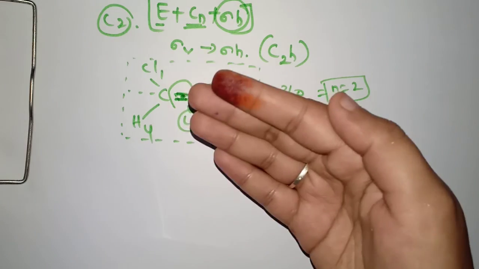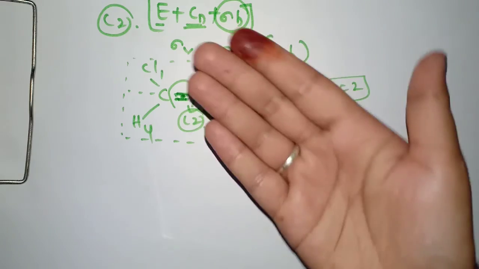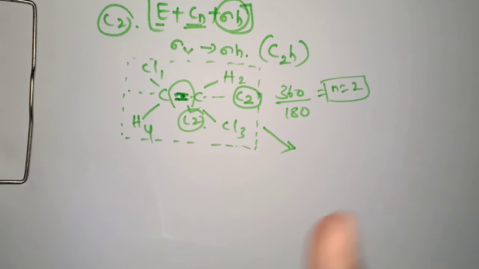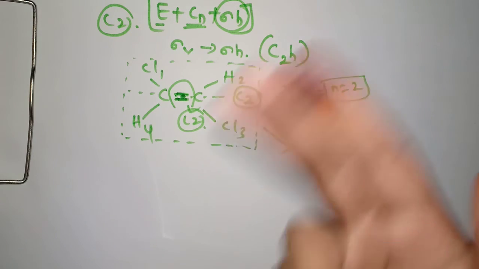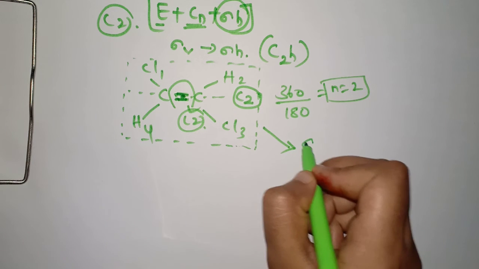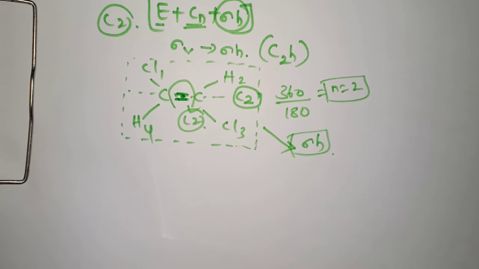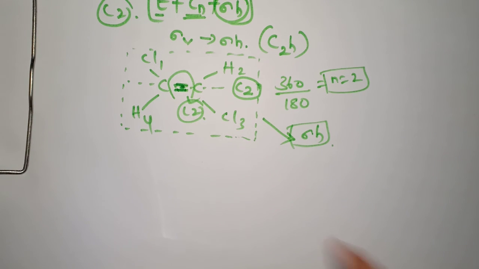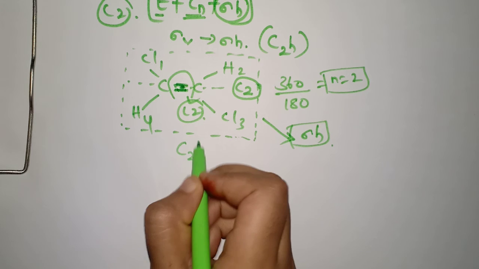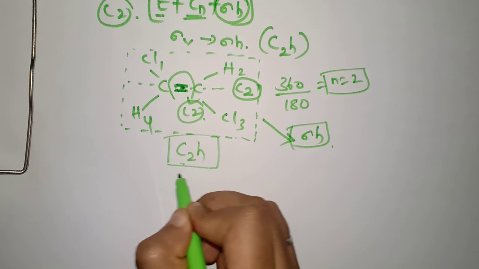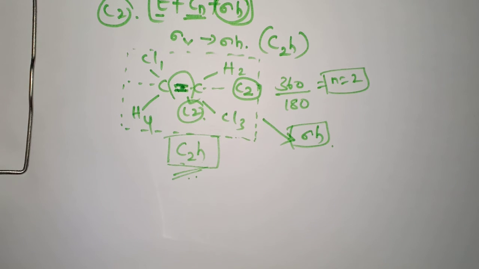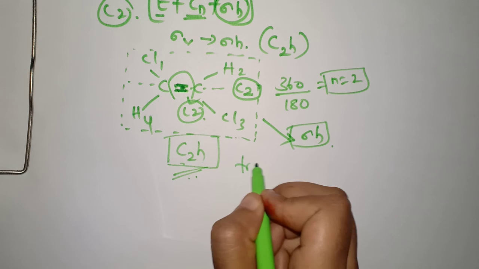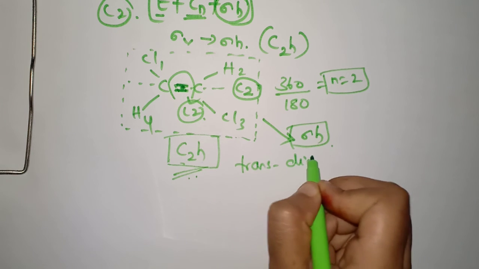It will cut the molecule into two parts, the front part and the back part. The front part will be the mirror image of the back part and the back part will be the mirror image of the front part. So here is a sigma H, and so it is having the C2H point group in trans dichloroethylene.